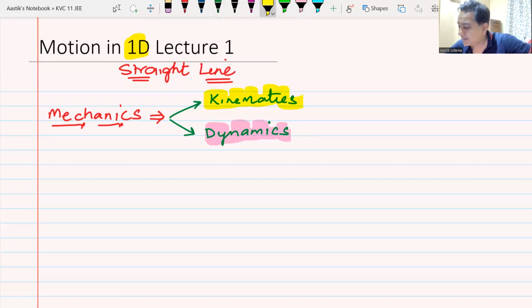In kinematics, basically what we are going to study is the motion itself, the motion of a particle.